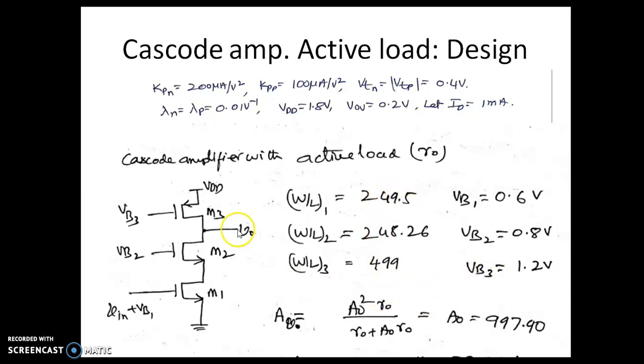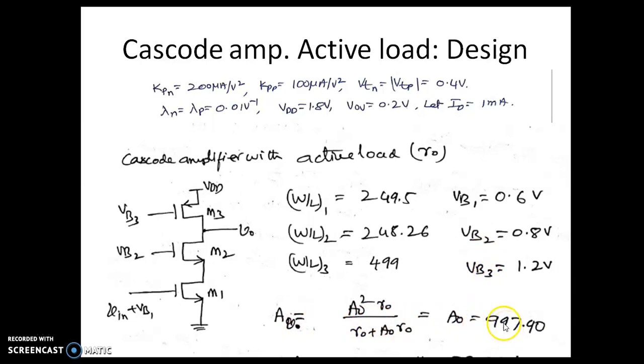The bias voltage, that is the VGS required for this, happens to be minus 0.6. Since we are considering VDD as 1.8, if it is 1.2, I will get a VGS of this PMOS transistor, M3, of minus 0.6. That's why VB3 is at 1.2. With these values set, we are supposed to get a gain of around 997.